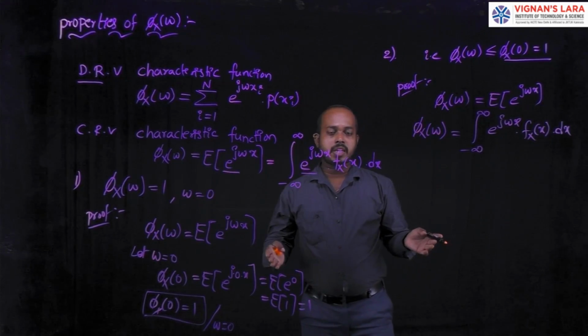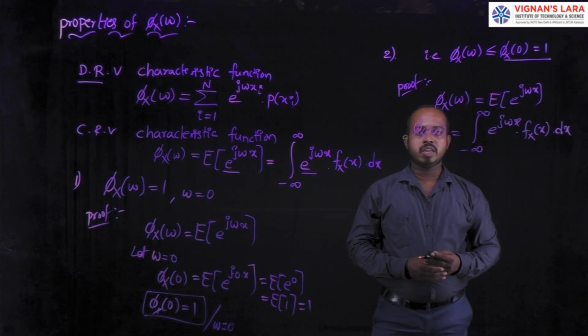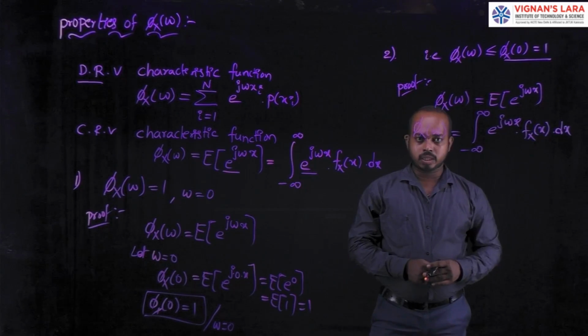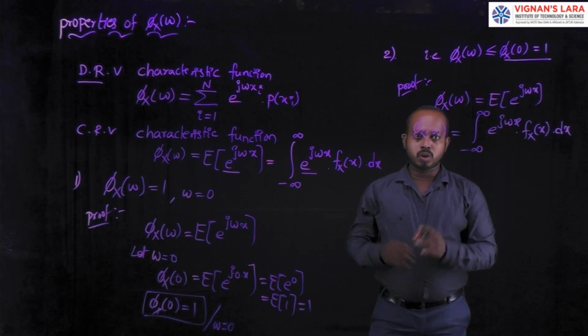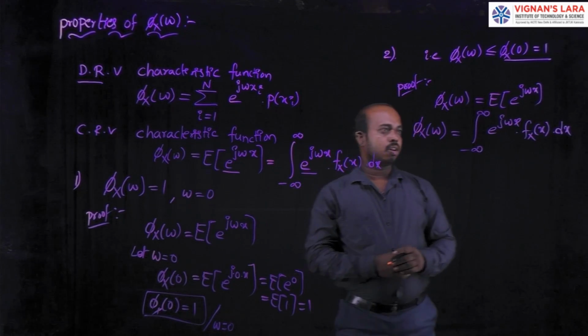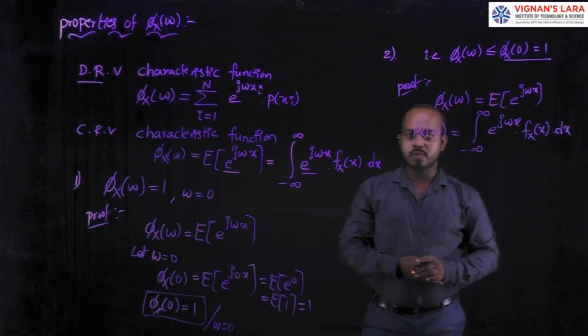Here I am taking the modulus on both sides. Why? I need to take the magnitude of this equation, so I apply the modulus to the characteristic function and to the function we have for the continuous random variable.